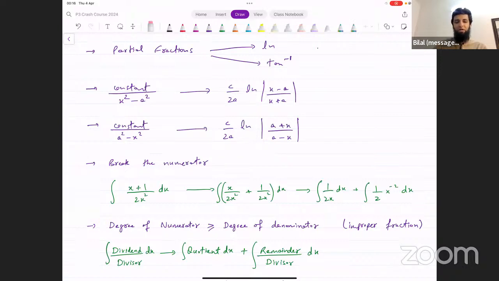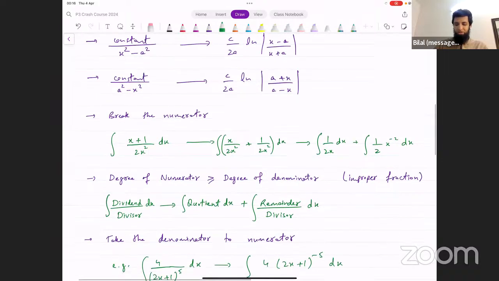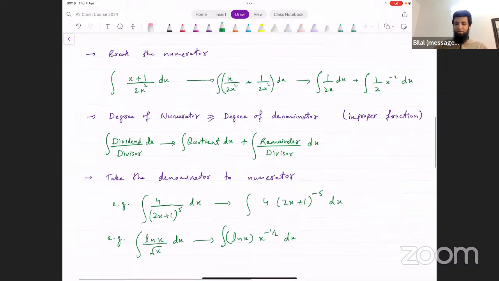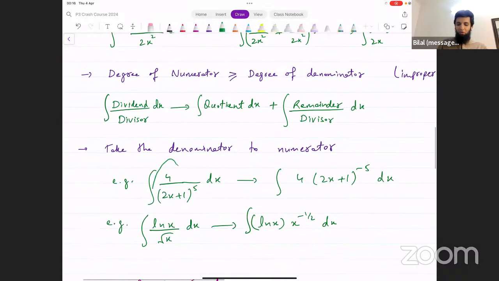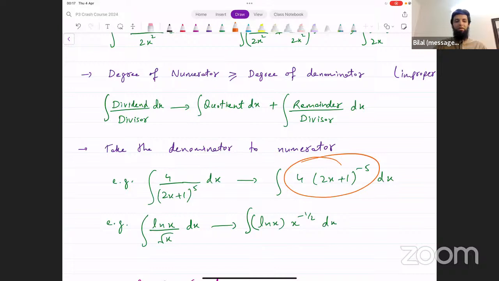And if none of them works, the last resort generally is to take the denominator to the numerator. So for example, if you had 4 over 2x plus 1 whole raised to power 5, you could take the denominator to the numerator. In this case, it would become a simple power function that you can integrate using the power rule, because the part inside is linear.